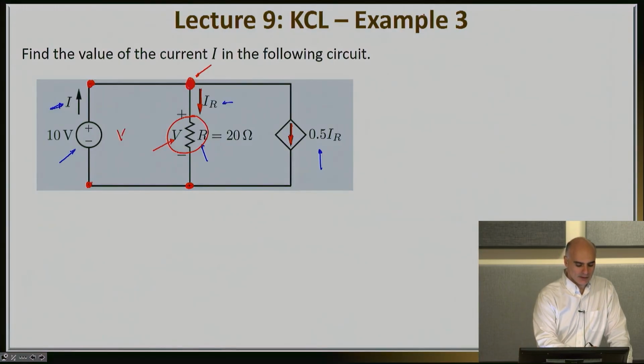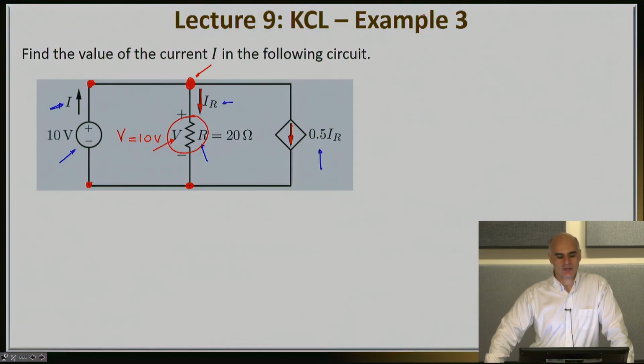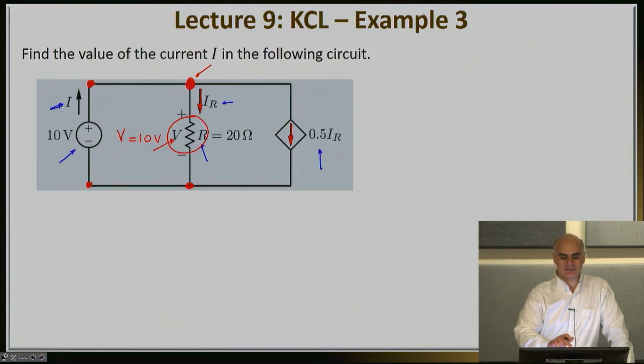Therefore, V that you see is nothing else but 10 volts. So since I have 10 volts across my resistor R, I can use Ohm's law to find the current. Specifically, IR should be equal to 10 volts, the voltage drop across the resistor, over the resistor itself, which is 20 ohms, or of course this is equal to 0.5 amps.